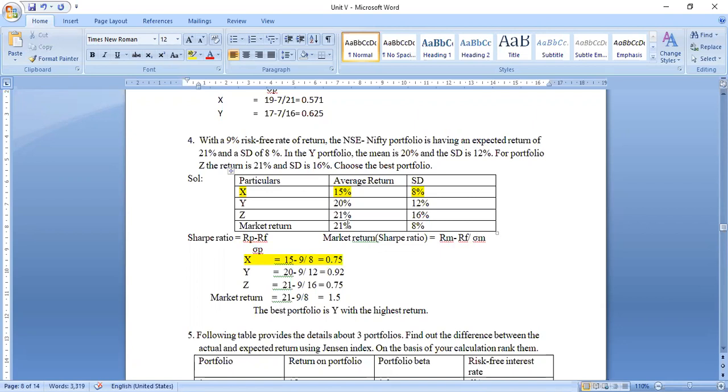This is what we have taken here: 21 minus 9 divided by 8 will give us 1.5.